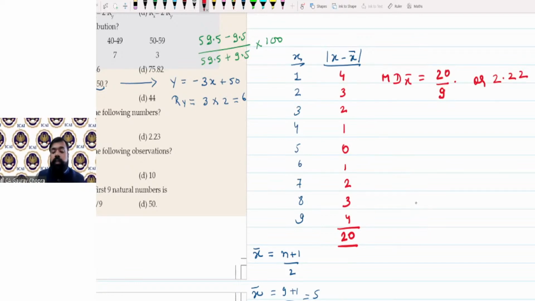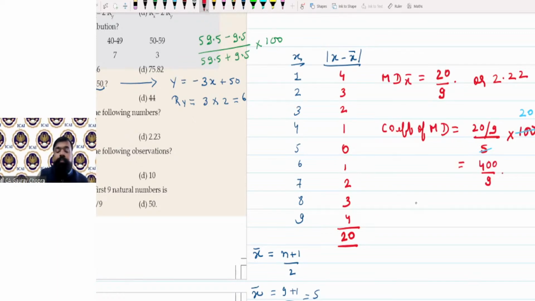Second thing is coefficient of mean deviation you require. For coefficient of mean deviation, the formula will be mean deviation upon mean, multiplied by 100. So what is mean? 5. So let us cancel this; the final result will be 400 upon 9.